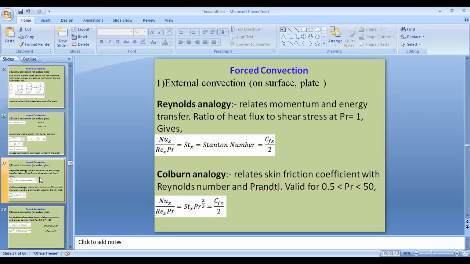That is the Reynolds analogy, and then the Colburn analogy, where the Prandtl number changes, is applicable if Prandtl number is 0.5 to 50. So Stanton number times Prandtl number raised to 2 by 3 is equal to Cfx by 2. This is just the similarity between friction loss and heat transfer for the boundary layer.